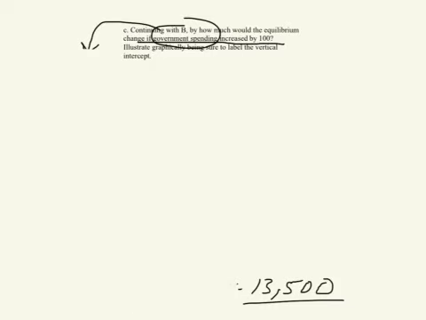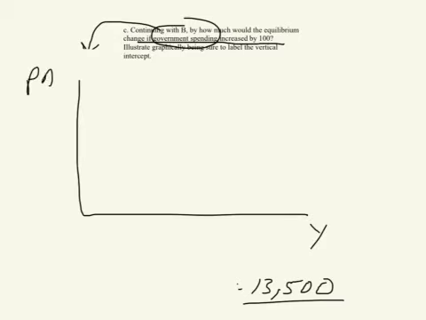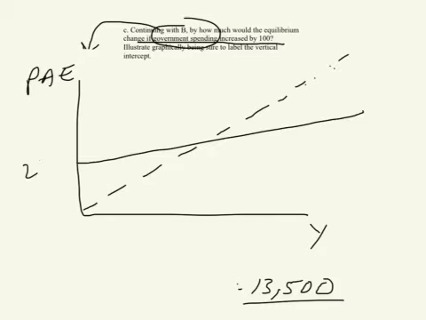Okay. And set my graph up. There's y. There's planned aggregate expenditures. Here's my 45-degree line. My initial spending line had a vertical intercept of 2,600. And that gave me an equilibrium of 13,000.